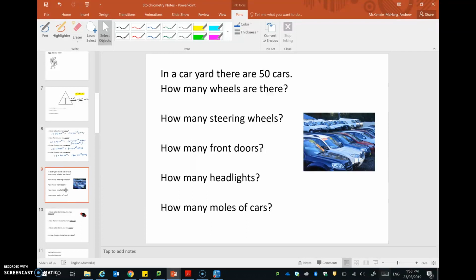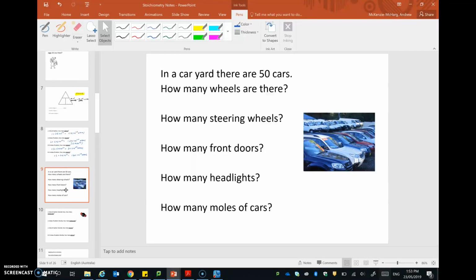Now look, let's not overcomplicate this. Let's say they are all regular 4-door cars, and there are no spare tyres or spare wheels in the back, and they're all intact apart from that. This is just an analogy, so we won't overcomplicate things.